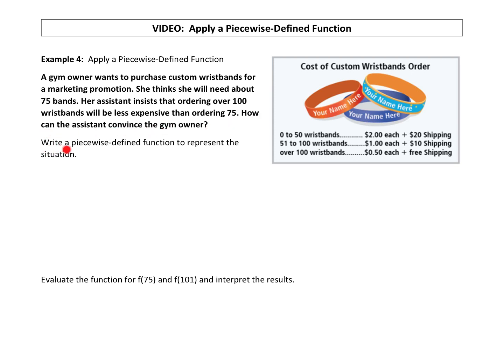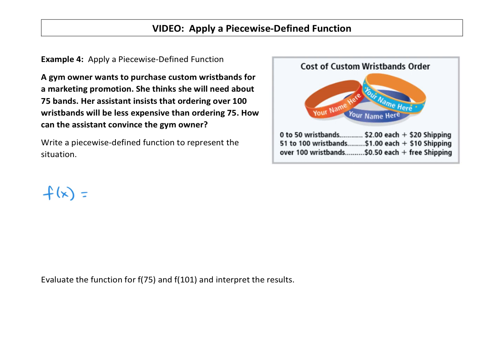So they want us to start by writing a piecewise-defined function to represent the situation. All right, so piecewise-defined function, we're going to say f of x equals. If we look at our information over here, we've got 3 different price points for these wristbands depending on how many. So we're going to have 1, 2, 3 pieces to this function that will represent those 3 price points for those number of wristbands.